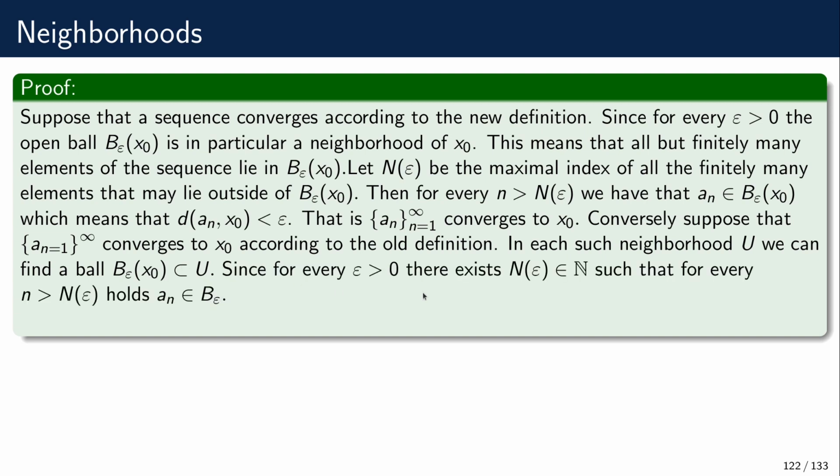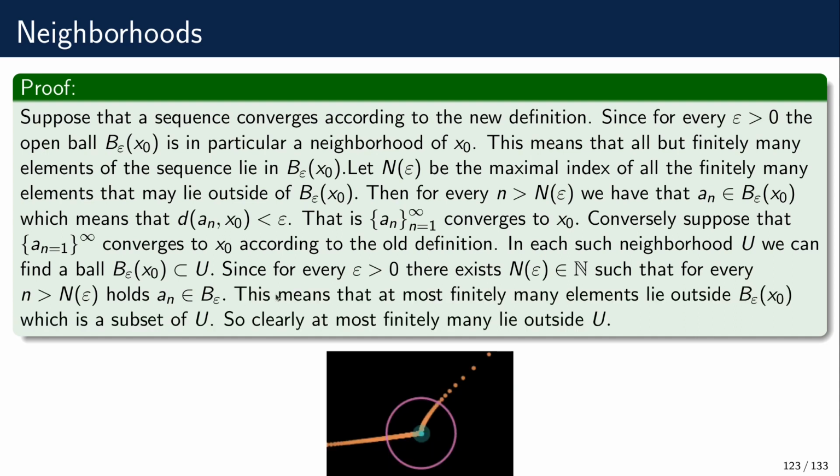So for every epsilon, there exists n of epsilon such that for every n greater than n of epsilon, a_n is in this ball. This indicates that only finitely many elements can lie outside: only elements with indices from 1 up to n of epsilon may lie outside this ball, and all others must lie inside it.